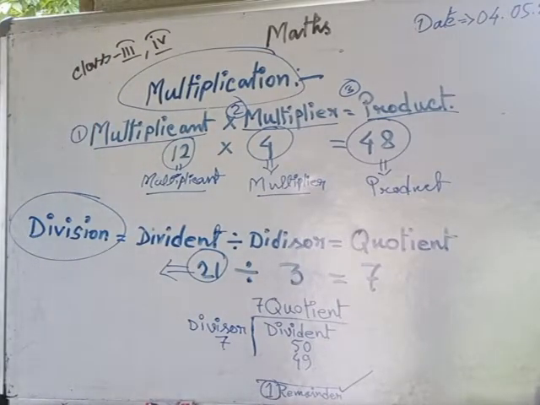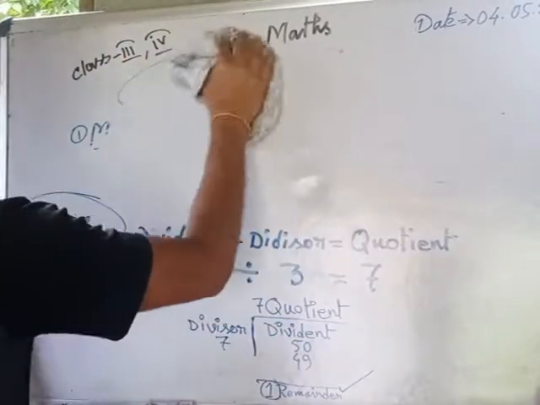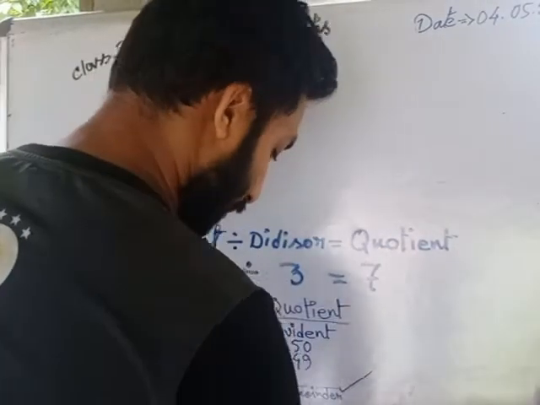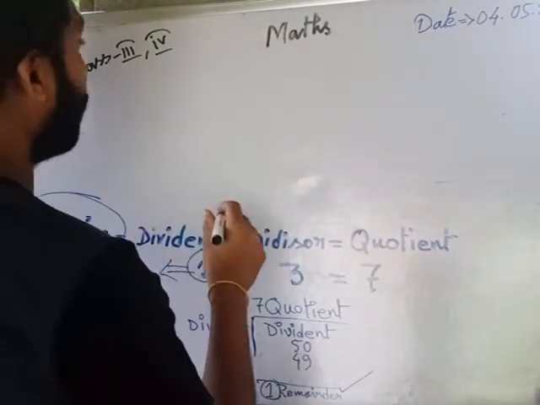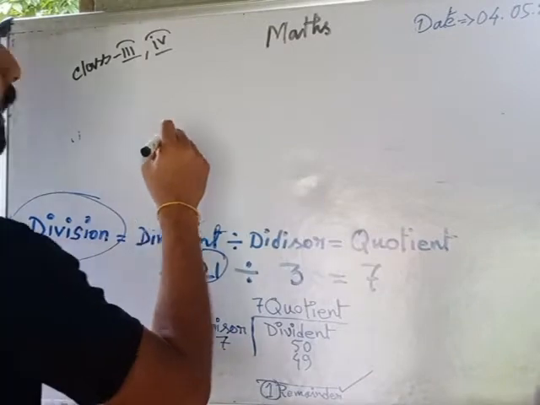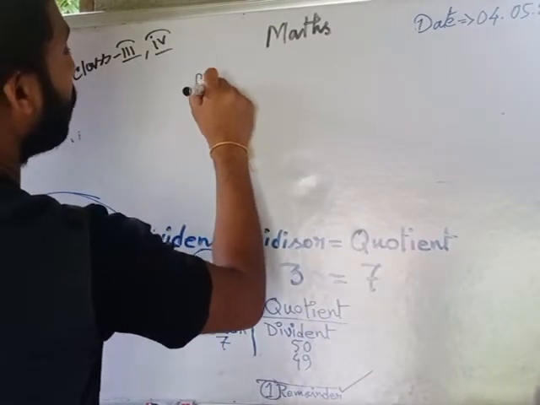After that we go to skip counting. What is skip counting? It is a way of multiplication in mathematics, one kind of multiplication process, that is called skip counting.